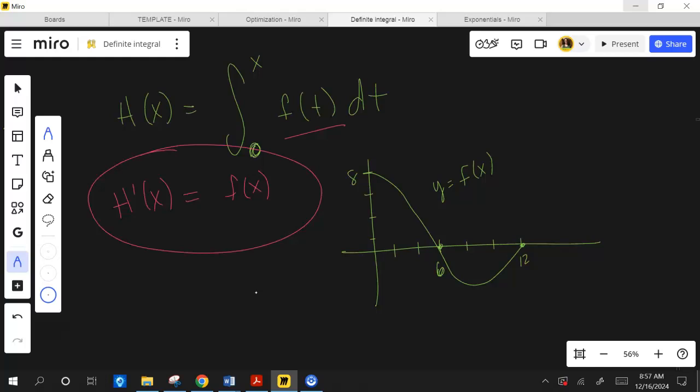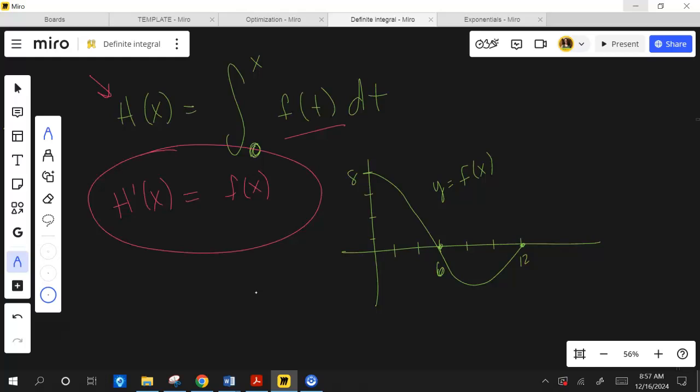They will preface it with h of x equals something. You have to understand what you're looking at before you can answer any of the questions. I am looking at a graph of the derivative.